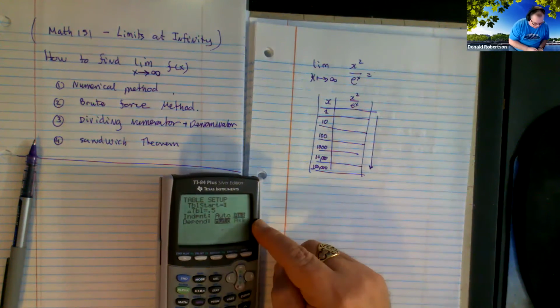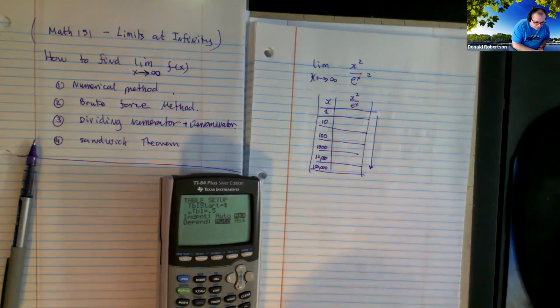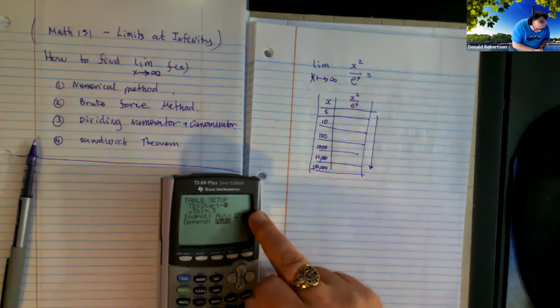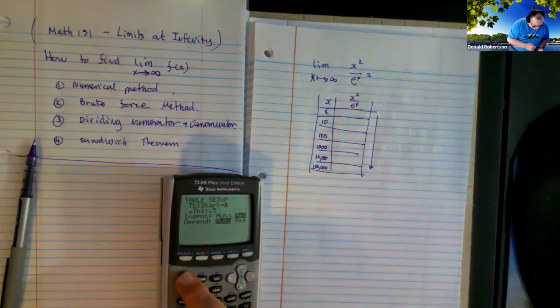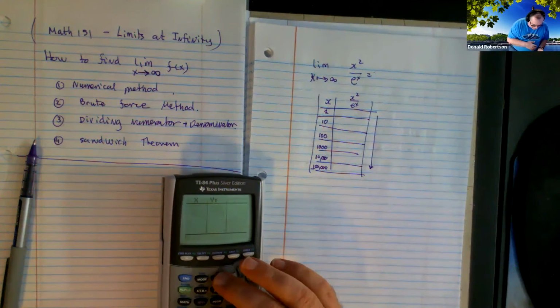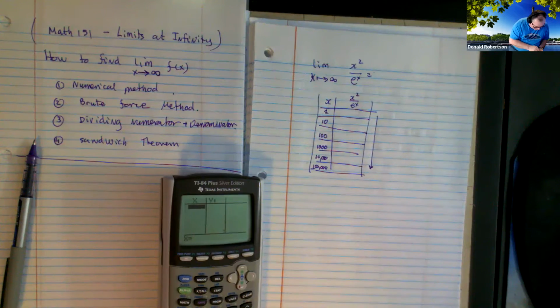That's all you need to do. So second window, table setup, make sure that says Ask. And then second table. I don't like these answers. They're from other questions. So you type in 1, 10, 100, 1,000.